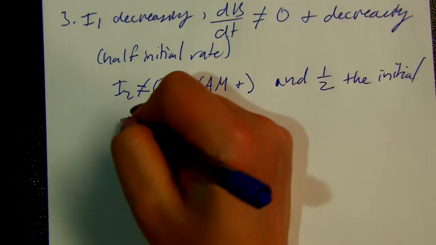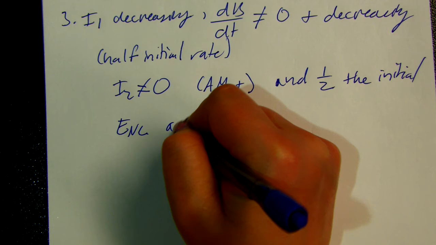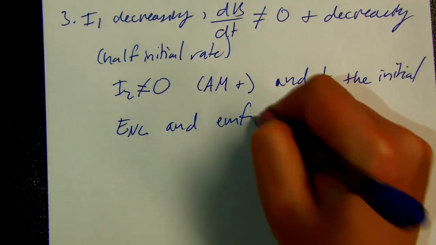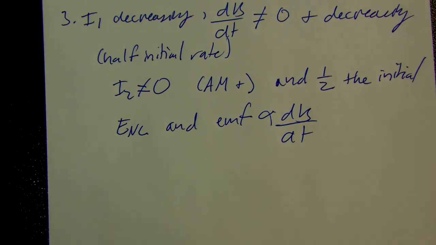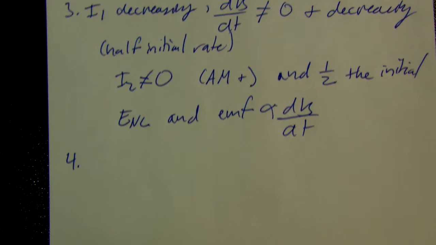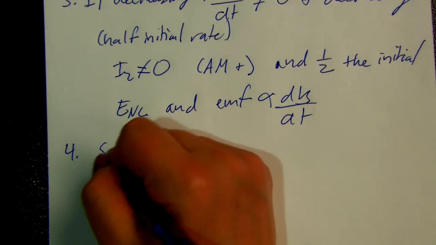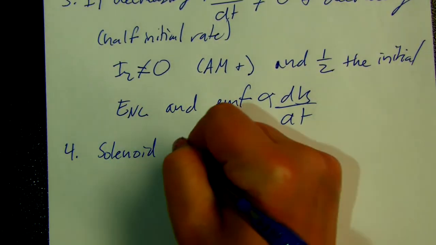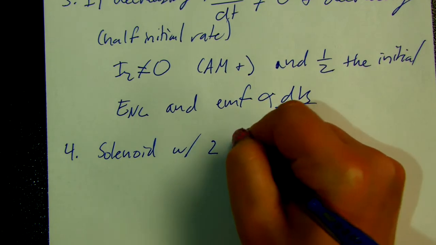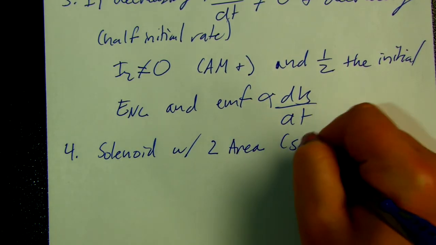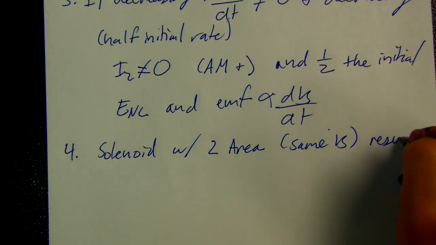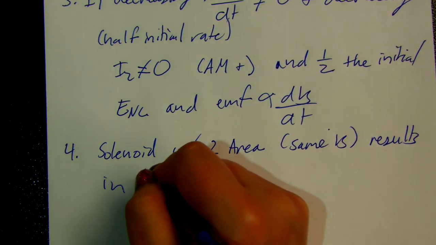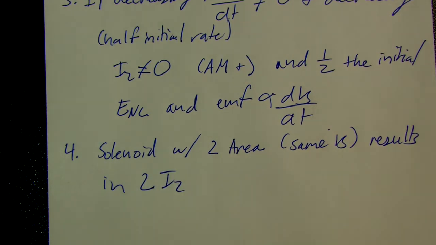So we see that the non-Coulomb electric field and EMF are both proportional to dB/dt. Again, unsurprising. All right, and then let's say we had a solenoid with twice the area, same magnetic field, and this results in twice the current generated.